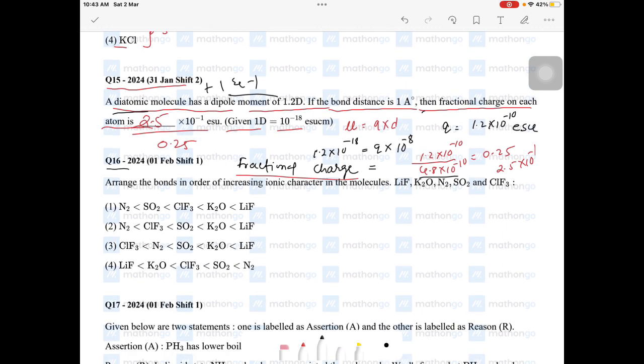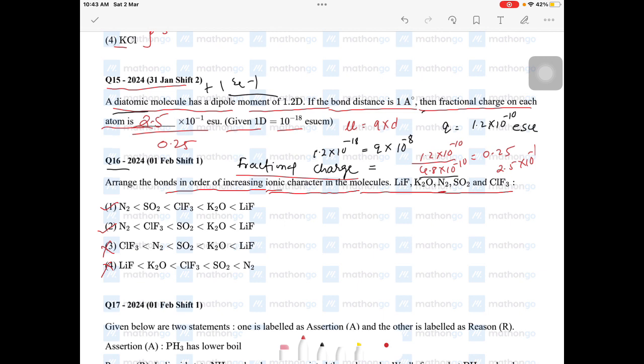Next, 16th question. Arrange the bonds in order of increasing ionic character in molecules like LiF, K2O, N2, SO2, ClF3. No doubt ionic character is least in N2. Why? Because it is a non-polar molecule. Maybe option 1 or 2, not 3 and 4.